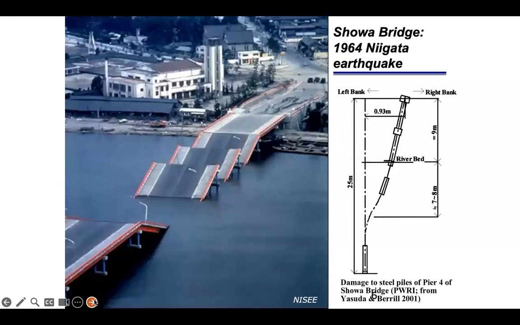There are a lot of case histories that document the failure of bridge foundations due to lateral spreading. This is an example of the Showa Bridge in the 1964 Niigata earthquake, where liquefaction-induced lateral spreading resulted in excessive deformations in the bridge pile foundations. That resulted in large deformations at the deck and eventual collapse of the deck.